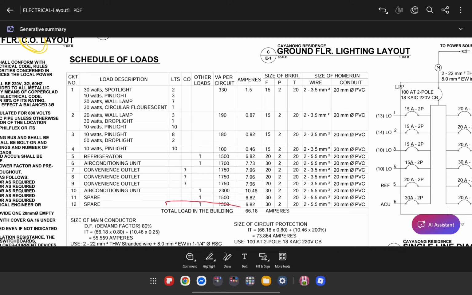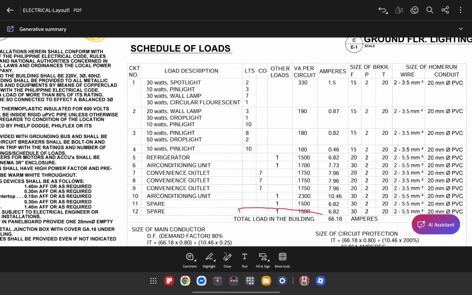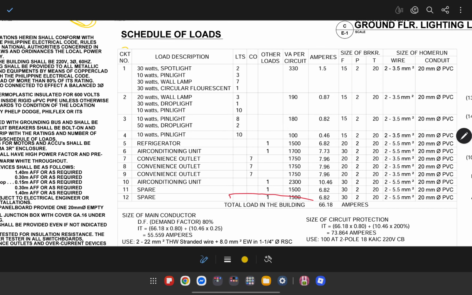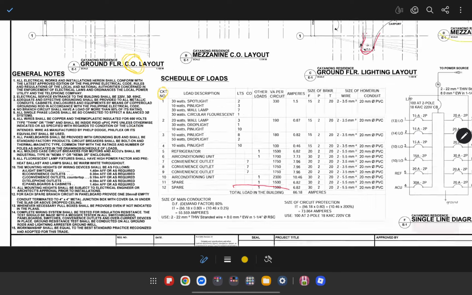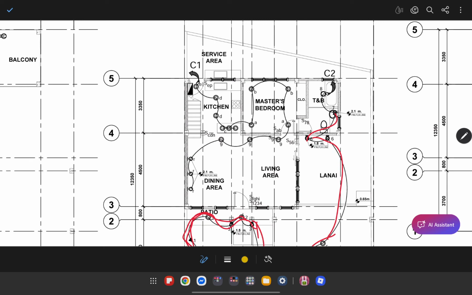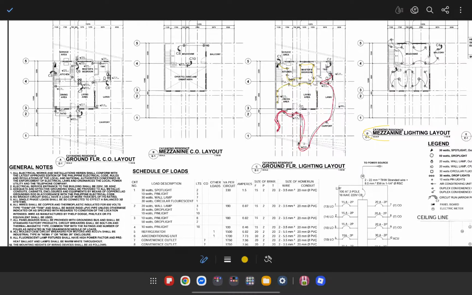Okay, to start with, we'll have to discuss the per row. So for example, in here you have the circuit number. This refers to the circuits that we've previously discussed. For example, this one here is C1. All the lights that belong to this circuit will be reflected here.